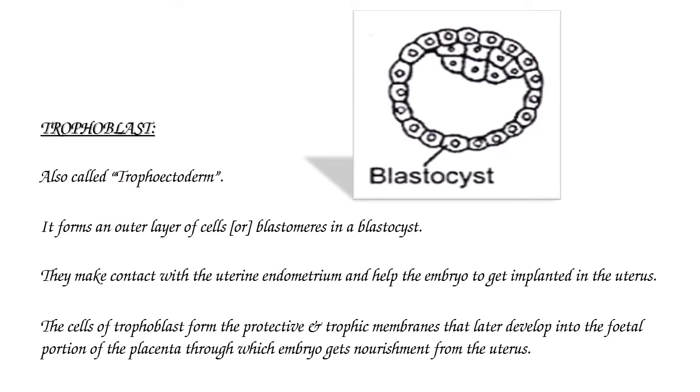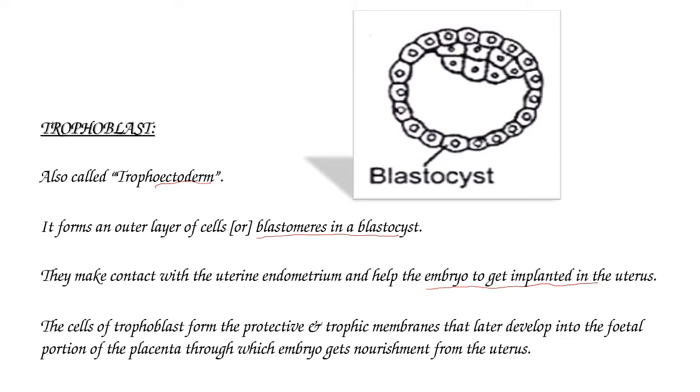Trophoblast. It is also called trophoectoderm. It forms an outer layer of cells or blastomeres in a blastocyst. They make contact with the uterine endometrium and help the embryo to get implanted in the uterus.